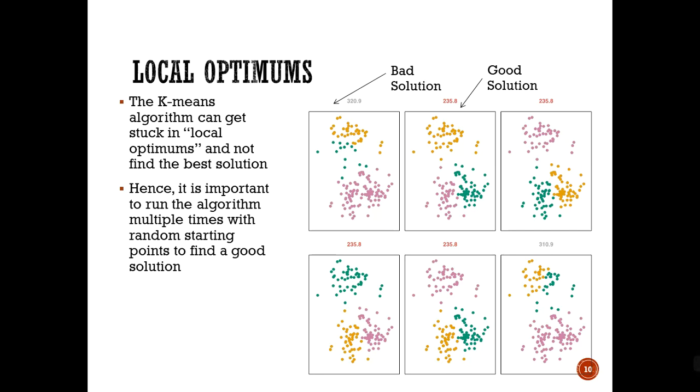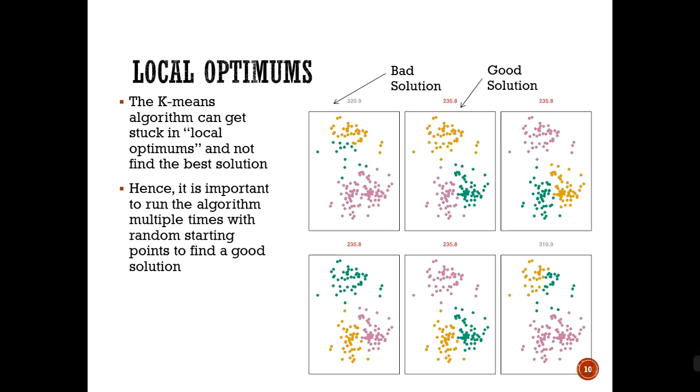We start the algorithm at more than one place, and we just examine the value of the criterion at the end in each case. Remember that starting the algorithm was this random assignment of points to the number of clusters we are using. So we start the algorithm from different places, and we actually get quite different solutions.